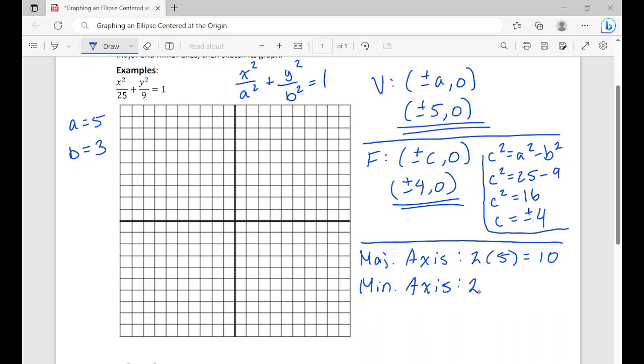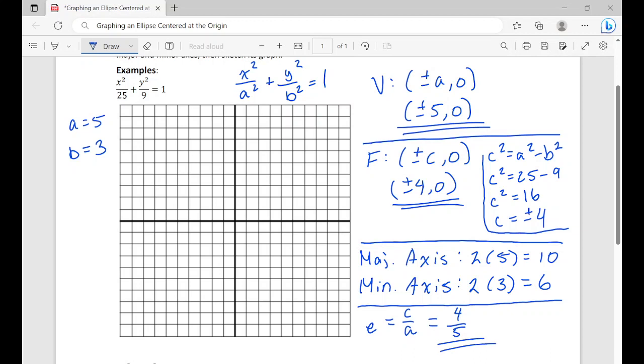So 2 times 3, which is going to be 6. So we have the vertices, the foci, the major and minor axis length, and then finally we can find the eccentricity, e. And that you get from doing c over a, which in this case is 4 over 5.